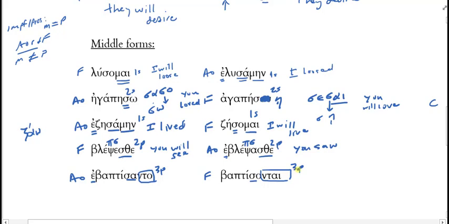Ntai is primary, third person plural, middle passive. Okay? And this is secondary because it's aorist, it's augmented. So this is going to be they baptized. Maybe they baptized their clothes. Maybe they baptized their hands. Who knows? Over here, it's they will baptize. Okay? So there you go. That's the difference between the future and the aorist, first aorist, and the middle voice.